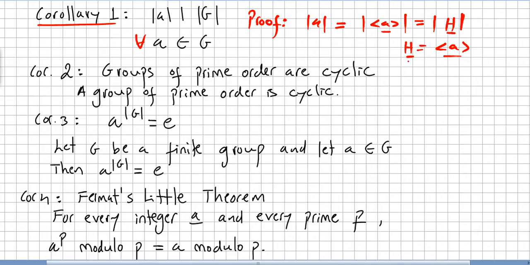Because the Lagrange theorem says if G is a finite group and H is a subgroup of G, then the order of H divides the order of G. Okay, so proved.